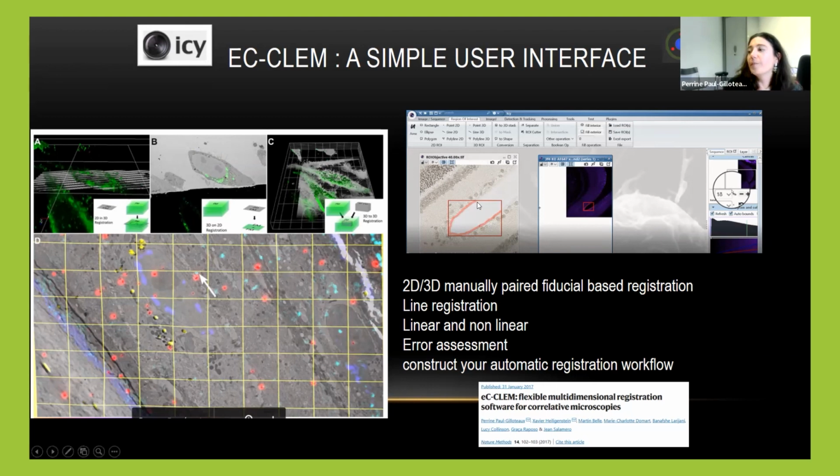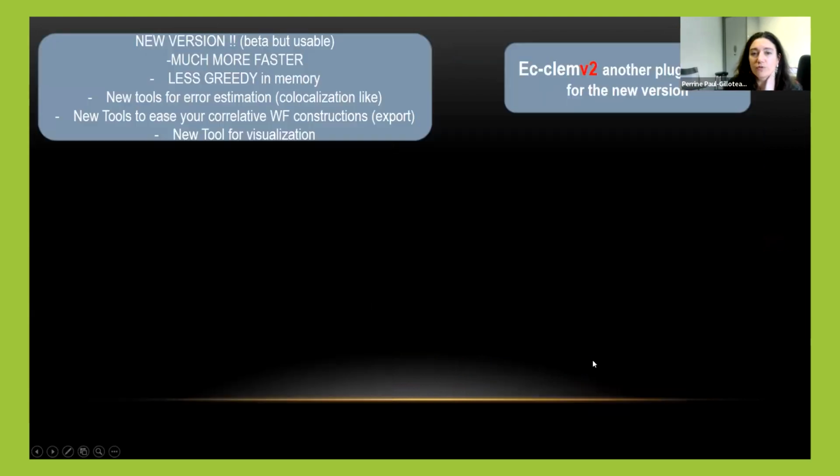You can do point-based registration or line-based registration, for example. And really, the idea is to help you construct your own workflow and assist you in your full correlative microscopy workflows.